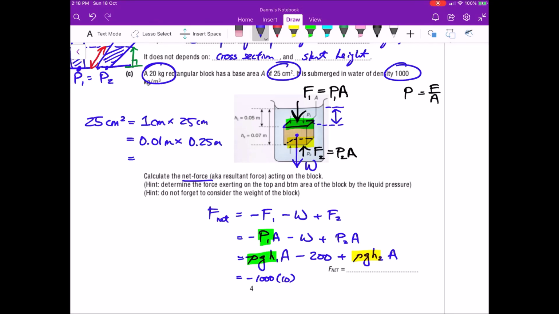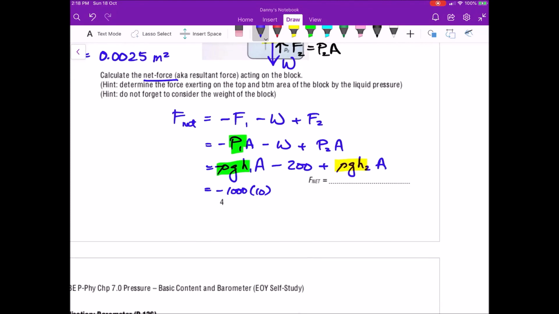If I do that, I can convert my cm squared to meter squared, which is 0.0025 meter squared. Now I can put it in here: 0.0025 minus 200 plus 1000 times 10.